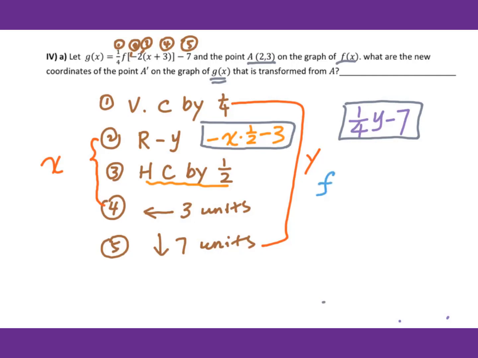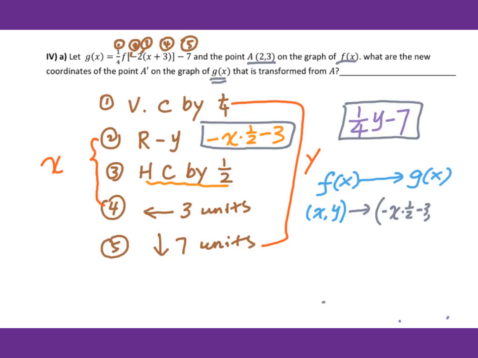Therefore, from f of x, we go to g of x. If I have x, y for f of x, you will get negative x times 1 over 2 minus 3.